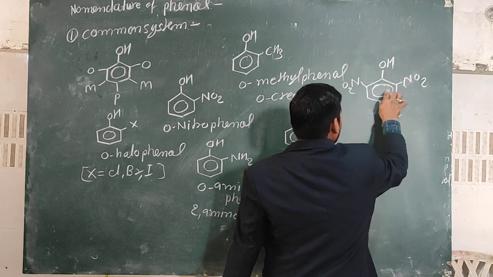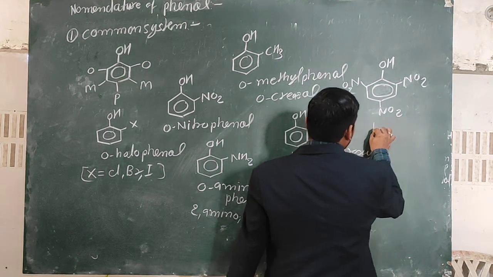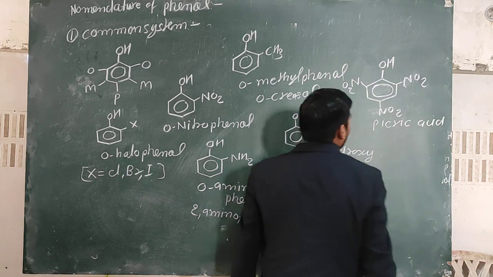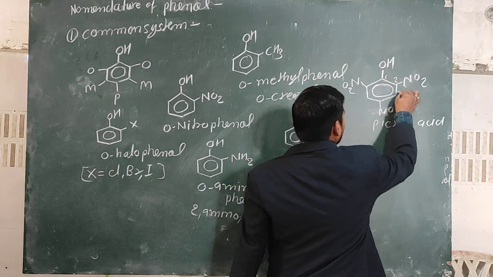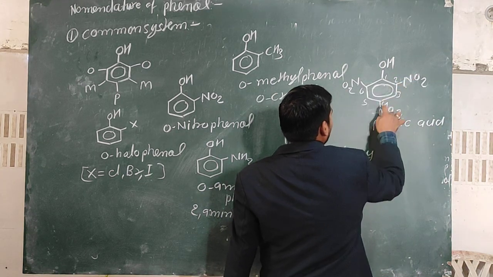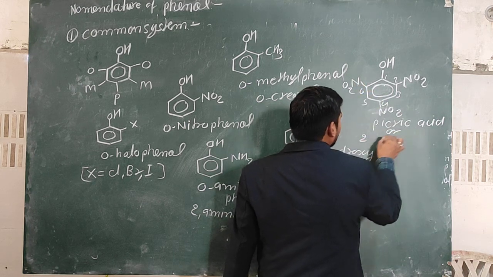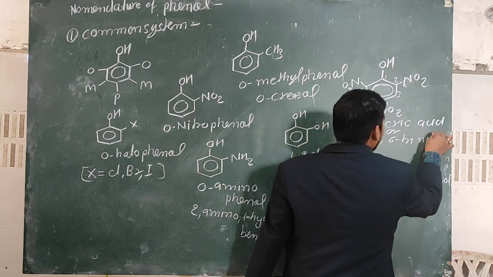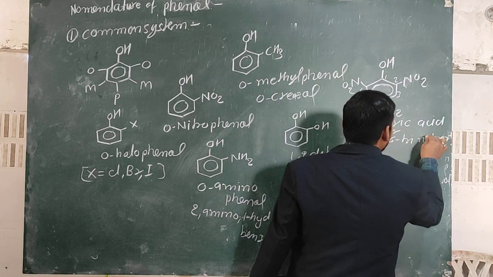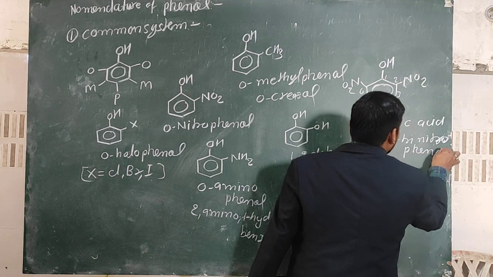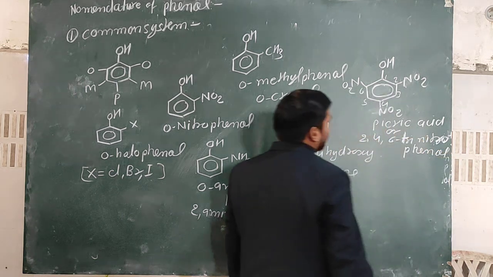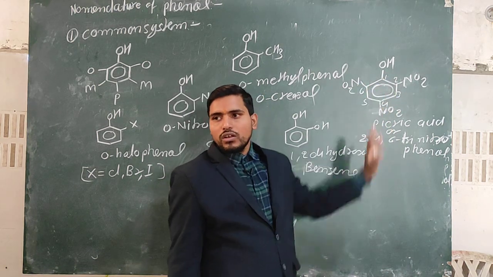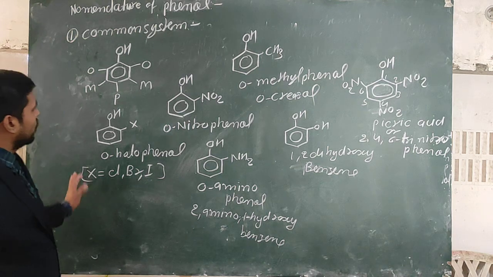Actually, the common name of this compound is picric acid, and IUPAC name is 2,4,6-trinitrophenol, or ortho-para trinitrophenol. It is the IUPAC name of this phenol.